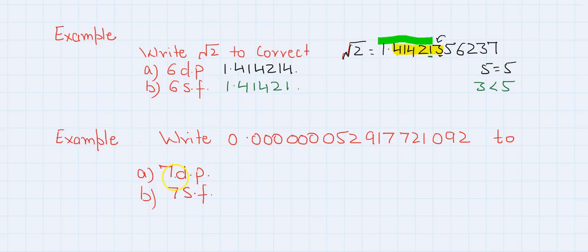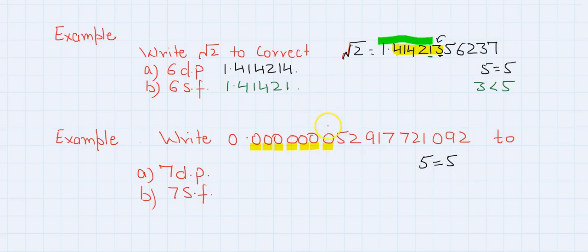So we have to write up to 7 decimal places. Decimal places come after the decimal. So 1, 2, 3, 4, 5, 6, 7. These are the 7 decimal places. And the next number is 5, that is equal to 5.